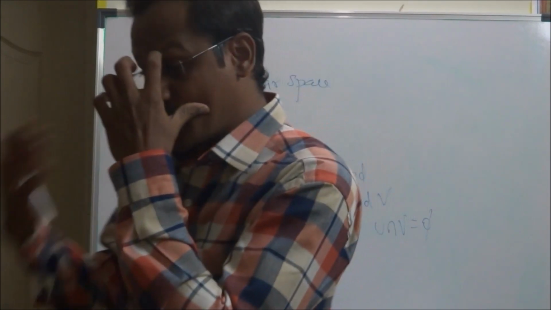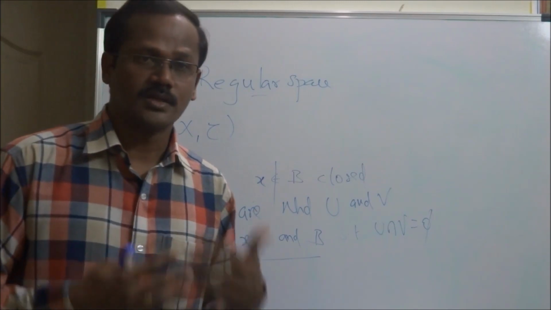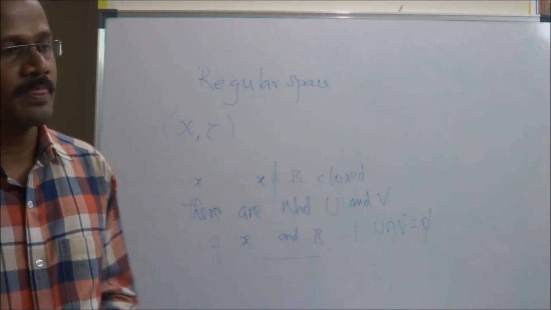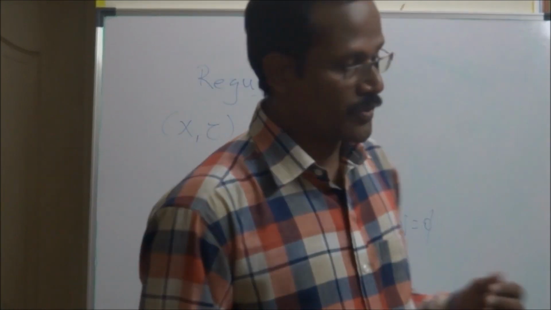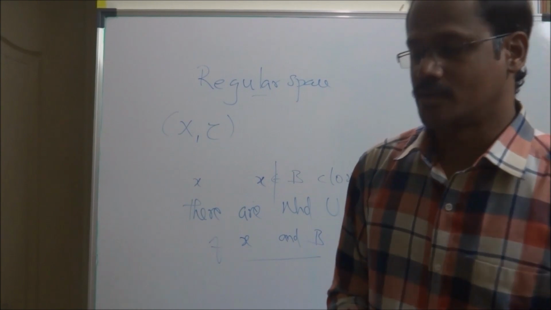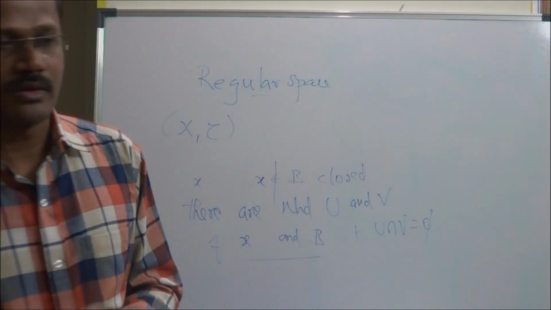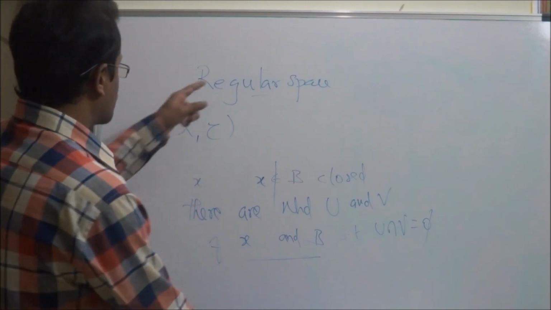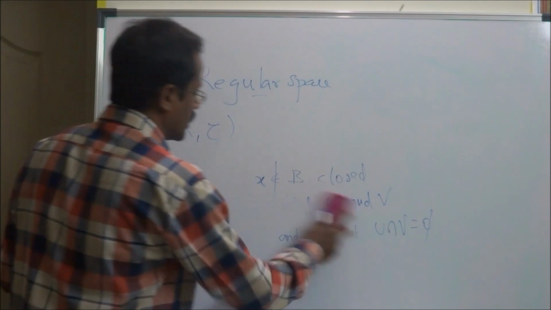We know in the earlier classes we have defined what is meant by a subspace of a topological space. Also we proved that if a space is Hausdorff, then its subspace is also a Hausdorff space. Now we are going to prove a similar result. If you assume that the space is regular, then its subspace is also a regular space.